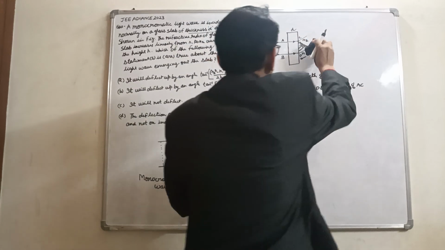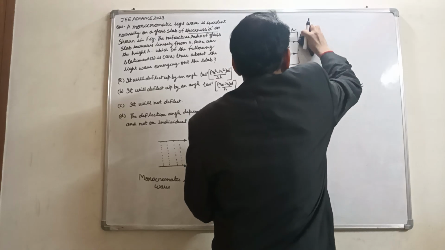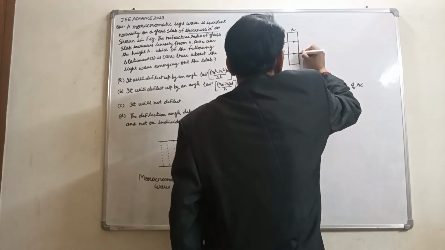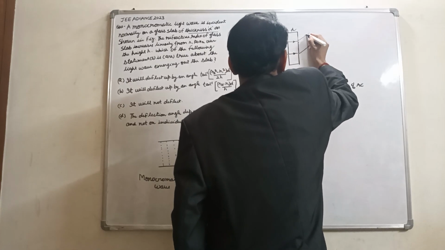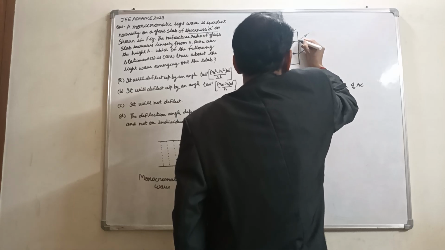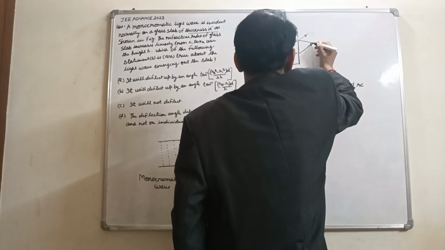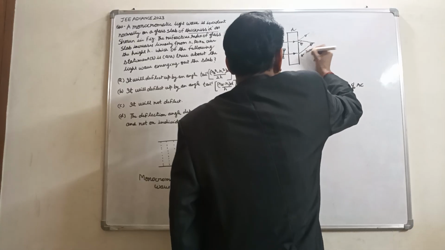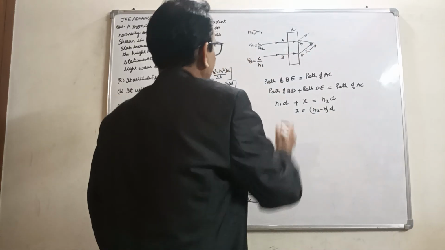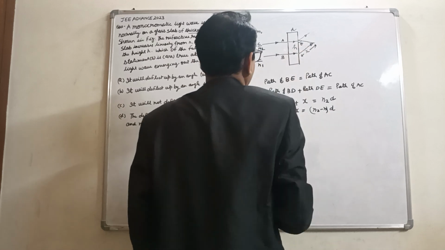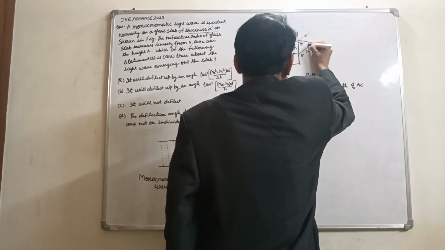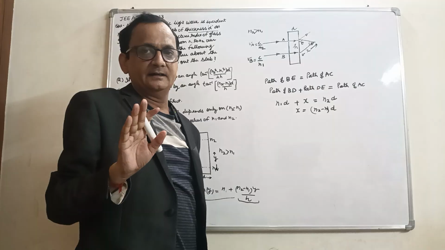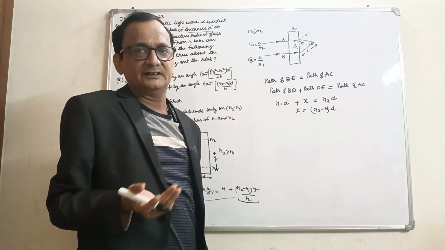So in this scenario, this is the reflected ray, and this would be the wavefront here. This angle is theta. This is the distance x, and this distance is given in the question as h. This is perpendicular. We know the wavefront and the ray are perpendicular to each other.